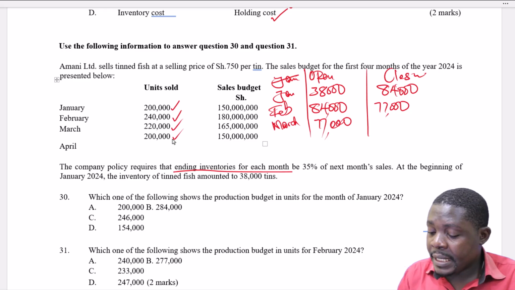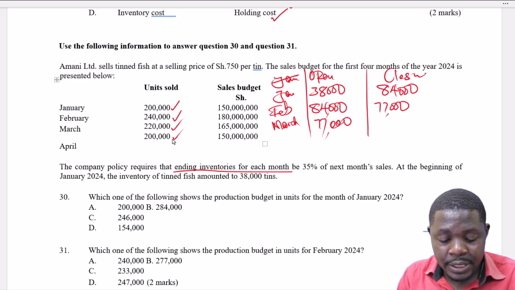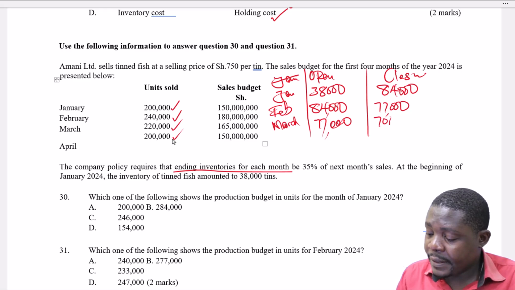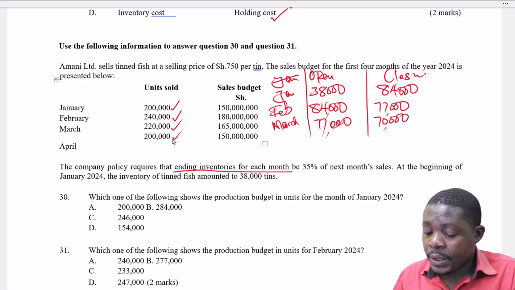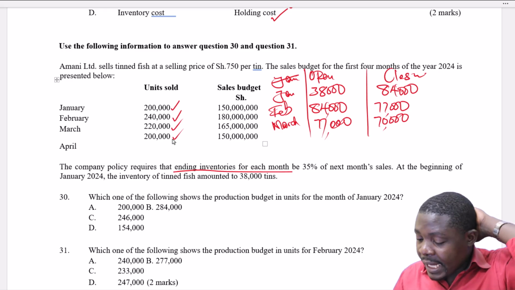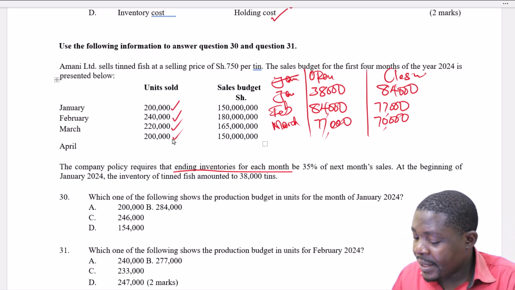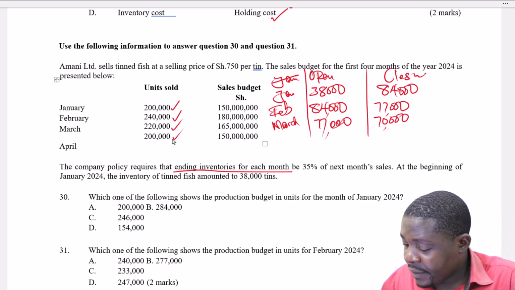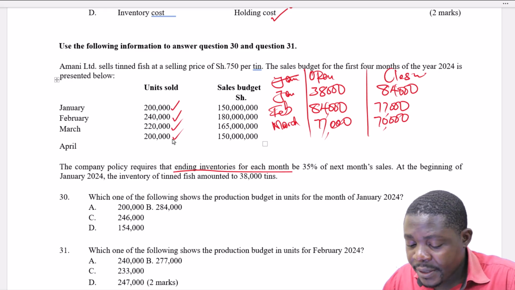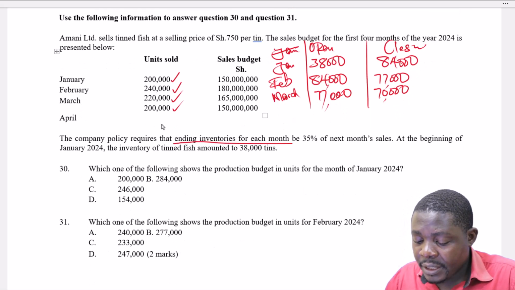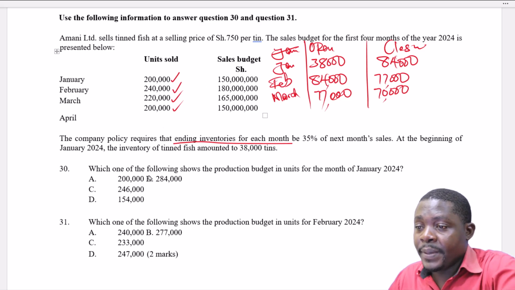Then we determine the closing inventory for March, which is 0.35 multiplied by 200,000, which is 70. The company policy requires that the ending inventory for each month be 35% of the next month. We have put that into perspective.